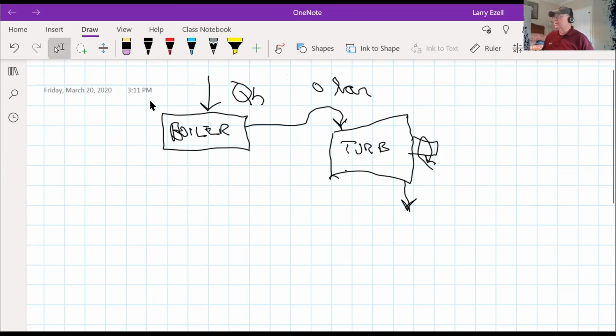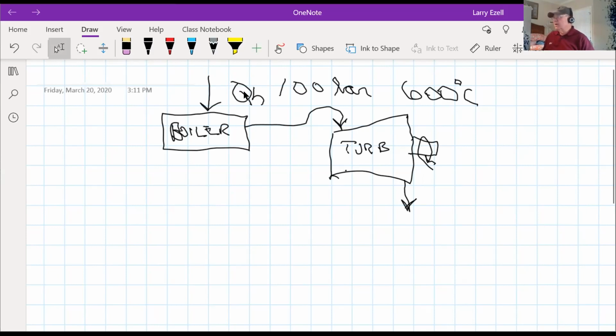See how it's really difficult. 100 bar coming in, and temperature maybe 600 degrees C. Really hot, a lot of pressure. By the way, 100 bar times 15, that's 1500 PSI, actually it's 1450 PSI, but that's sort of beside the point.